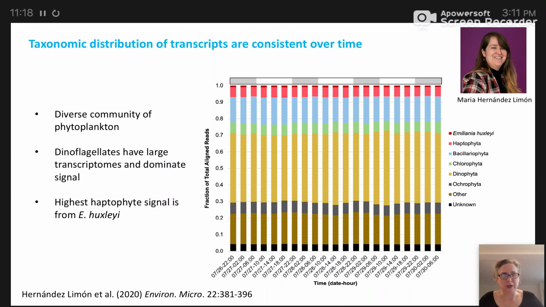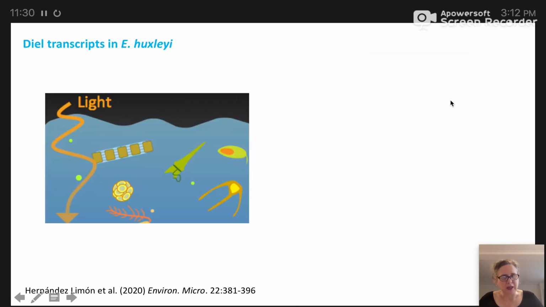So we could detect EHUX, and the next question, of course, is could we mine that transcriptional signal to look for diel patterns, and could we even detect them? So again, just to remind you that this is a challenging task. We're sequencing the whole community, and then we're trying to find diel signals that are going up and down for functional genes within a specific E. huxleyi species.